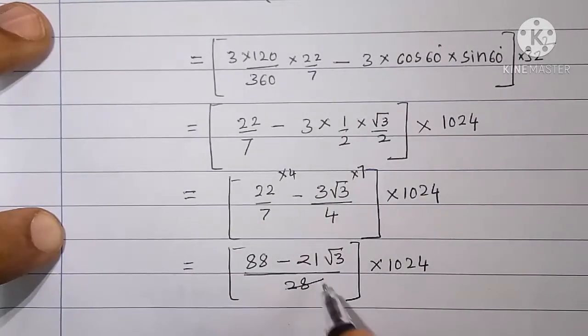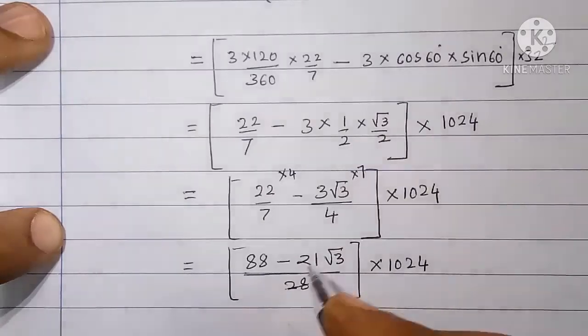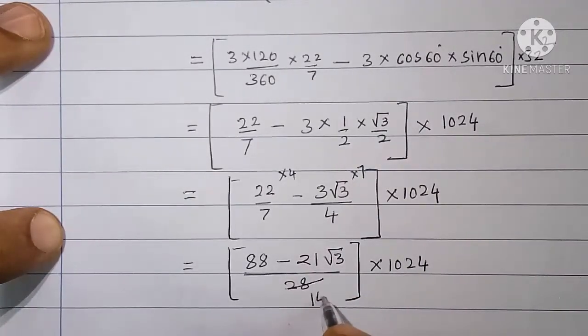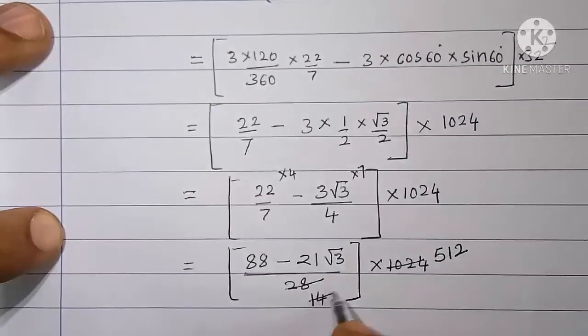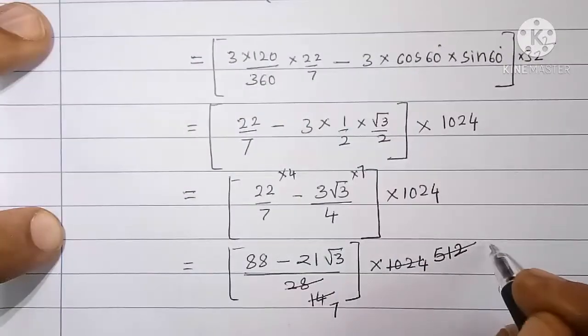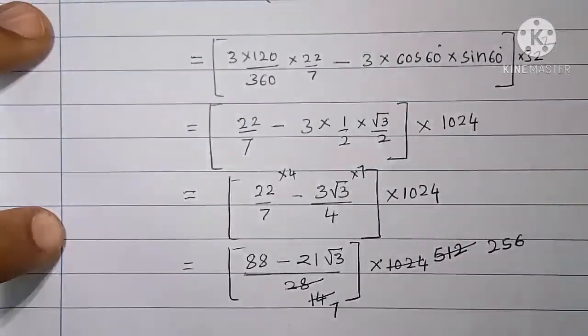Now we can cancel 28 and 1024. 2 14s are 28, 2 512s are 1024, 2 7s are 14, leaving 256.